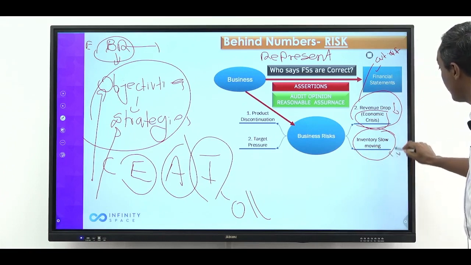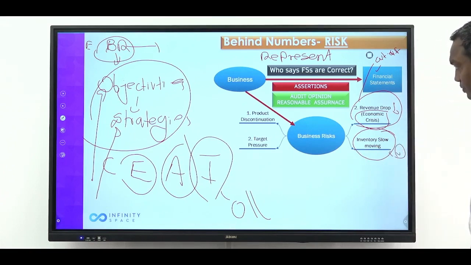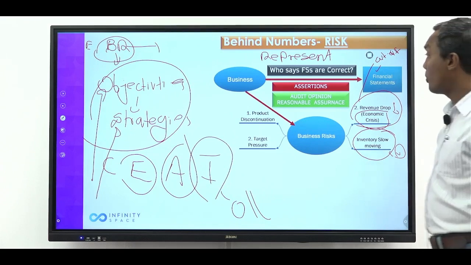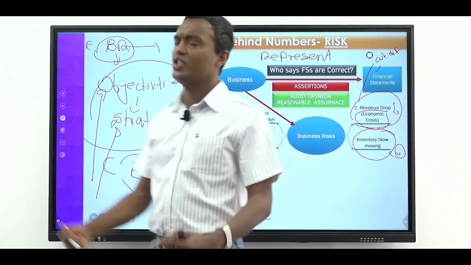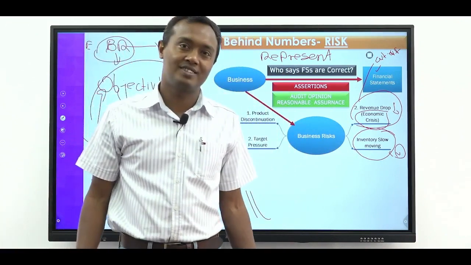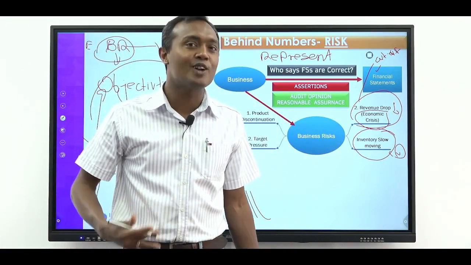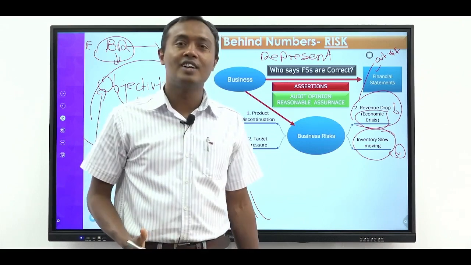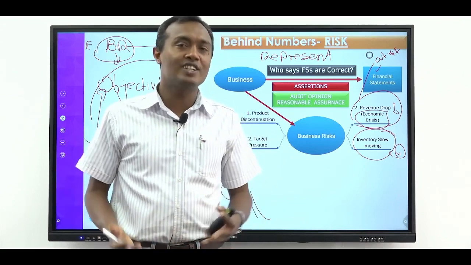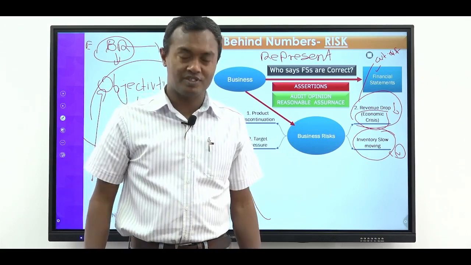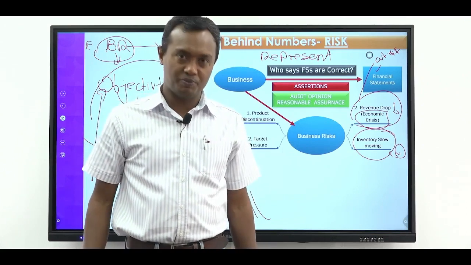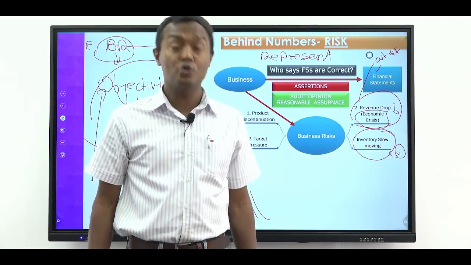How about my inventory valuation assertion, right? Some products are not selling now. This particular fashion item is not going now. The consumers are not spending much on certain fashion items. Now let's say they spend money on basic items, right? Essential items.